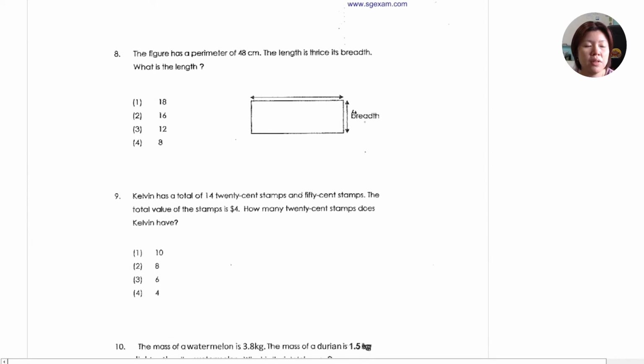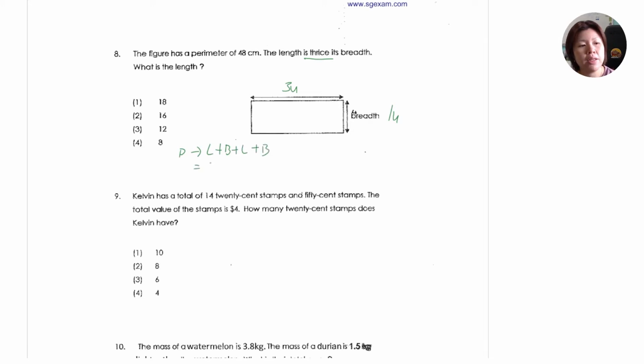Okay, let's move on. The figure has a perimeter of 48. The length is twice, which means 3 units. My breadth is 1 unit. So perimeter is length plus breadth plus length plus breadth. And my length is 3 units plus 1 unit plus 3 units plus 1 unit, which gives you 8 units.